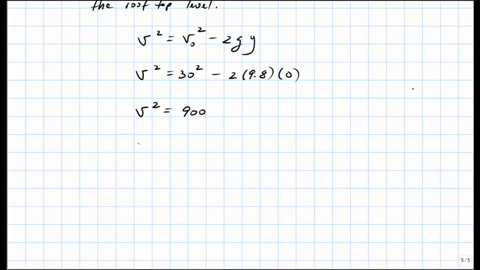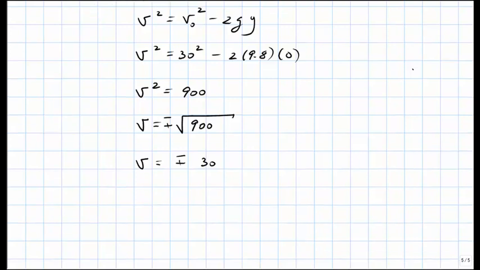Now, if we take the square root of v squared, that produces v. And if we take the square root of the other side, we're obligated to place a plus and a minus in front of that radical. And so our result is plus or minus square root of 900 is 30.